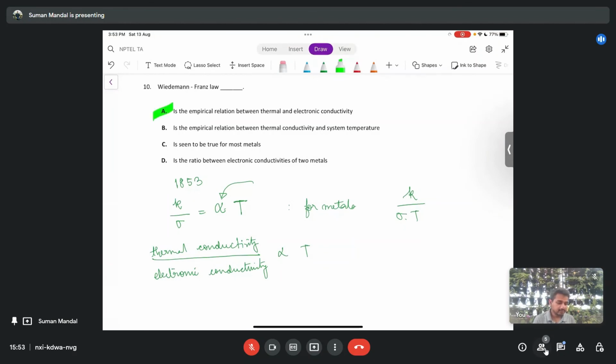It is said to be true for most metals. So it is not a relationship between thermal conductivity and system temperature. It's about thermal conductivity and electronic conductivity at specific temperatures. With temperature, it varies. And it is not the ratio between electronic conductivities of two metals. The answer is A and C.